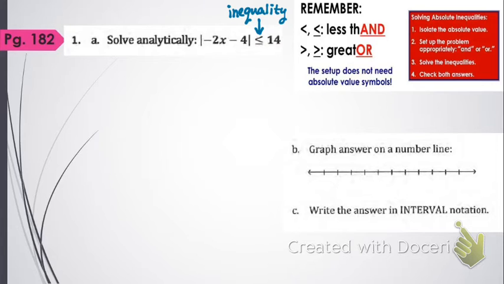Find a spot on the page and make yourself a note. If we multiply or divide by a negative number, the inequality will flip directions.